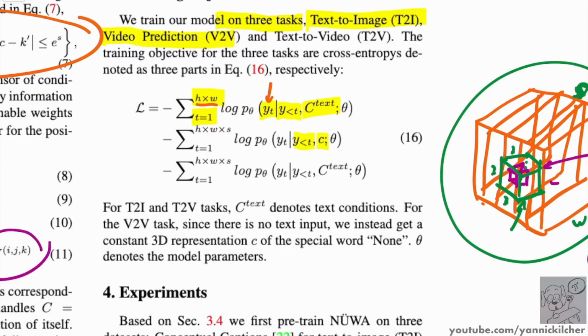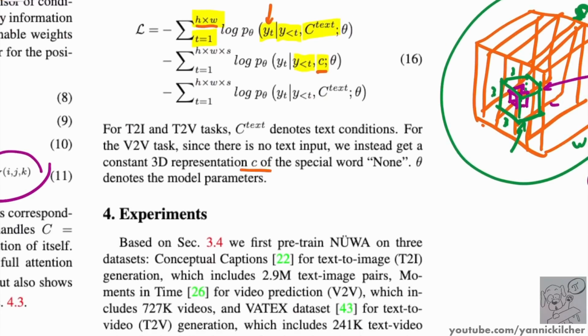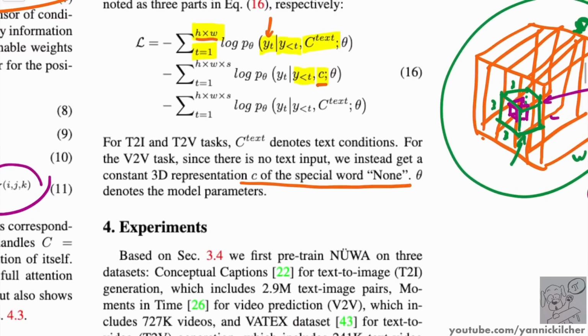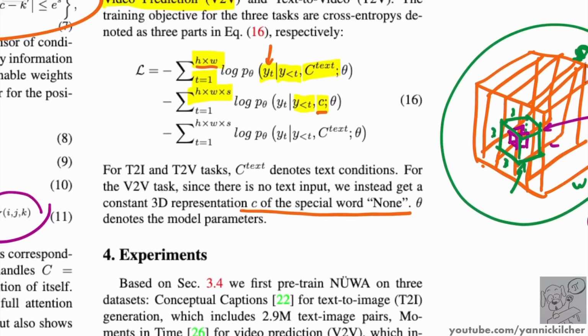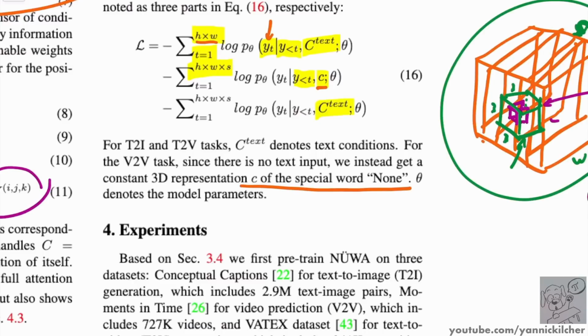The C here, that is like a no-op. So that is the special word none. Because you still have to input something, but if you have no text conditioning, you simply input a dummy. And then the loss goes also over the time steps. And there is also text to video, where you'd input text and video so far, and you'd output the rest of the frames.